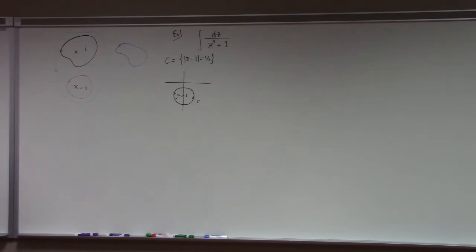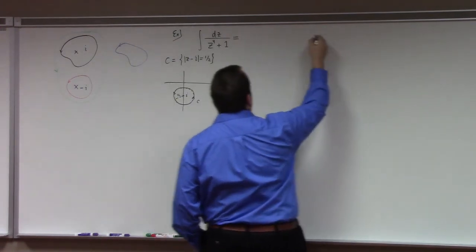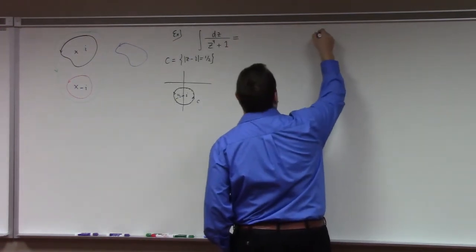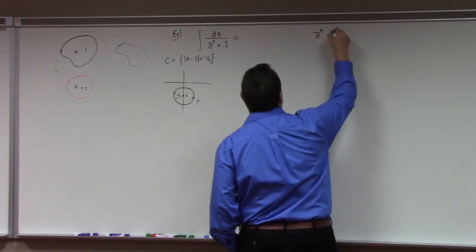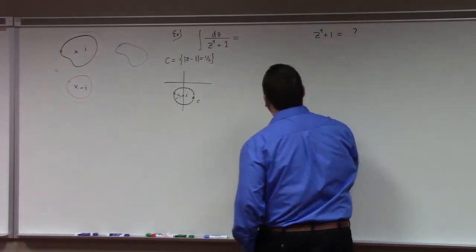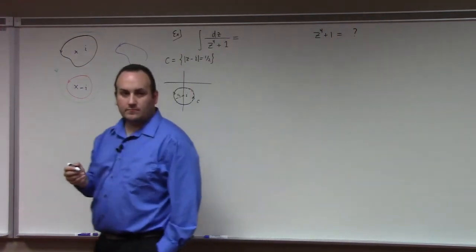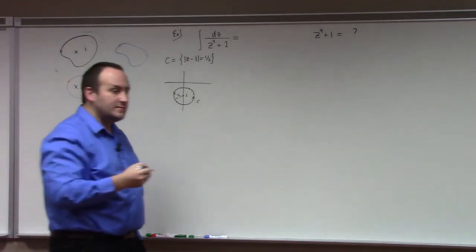So the integral is 0. But let's see here. All that stuff we talked about before test 1 still matters, because the question becomes, how do you factor z to the 4th plus 1, right?